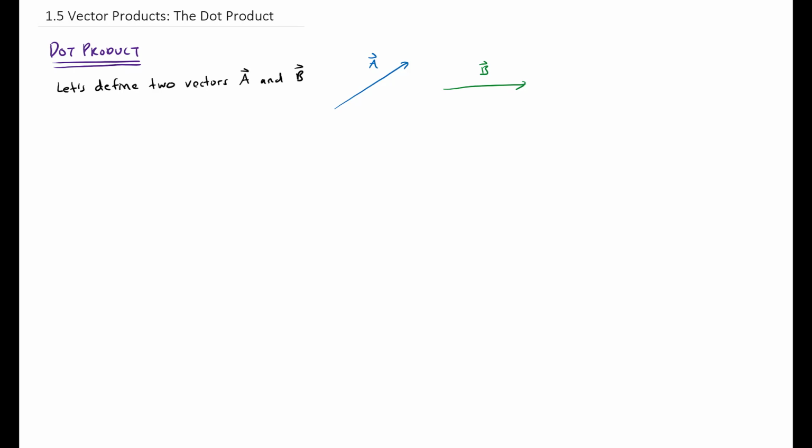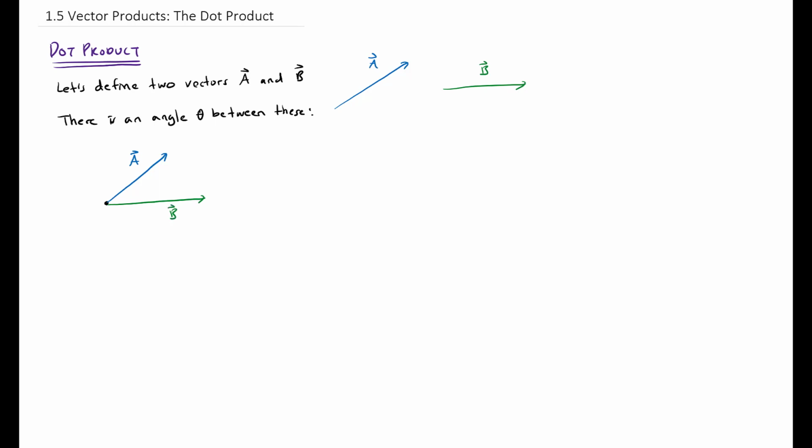So we need to understand that there is an angle, theta, between these vectors. That means if I had my origin over here, I would have A coming out this way and B coming out this way.